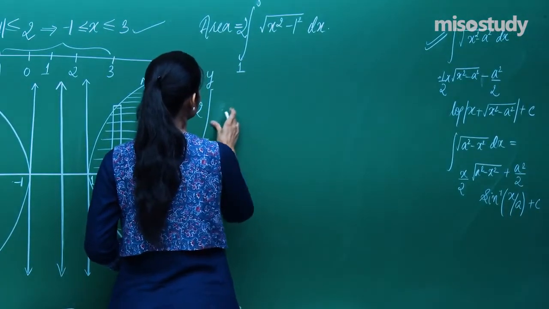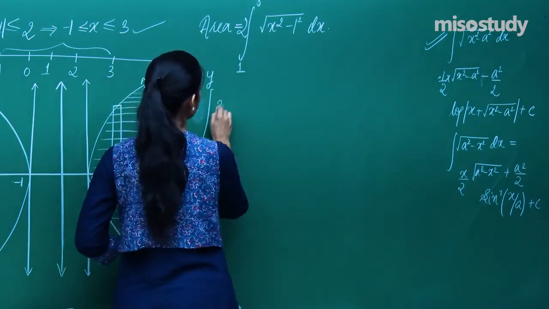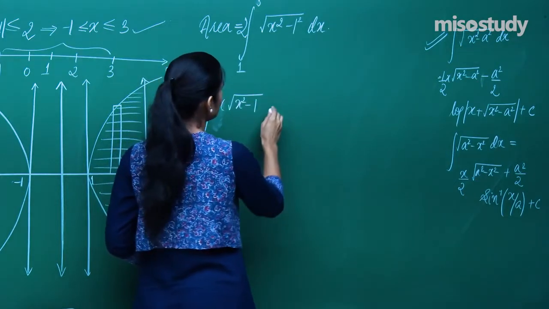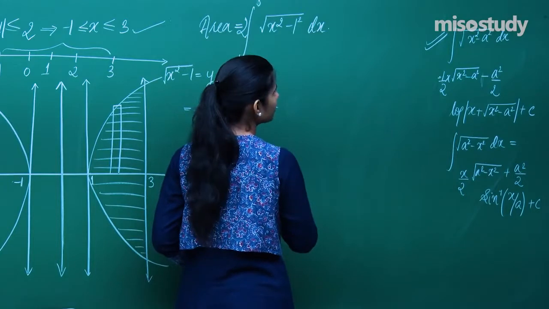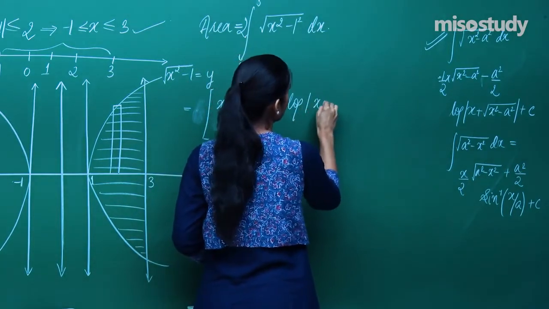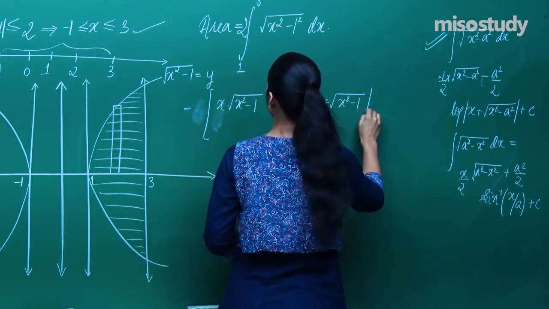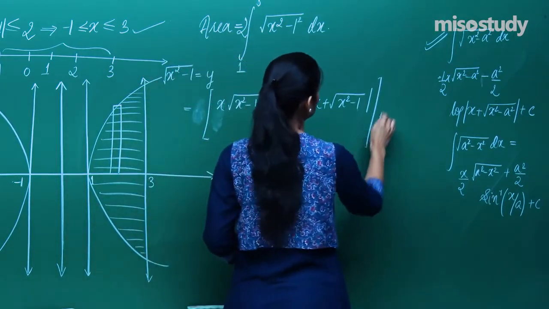So 1 by 2 you can take out common, and this is going to cancel this 2 out. You are left with x under root x square minus a square by 2. So I have already taken out 1 by 2 common. a square is 1, log of mod of x plus under root x square minus a square. That is it. And the limits are from 1 to 3.